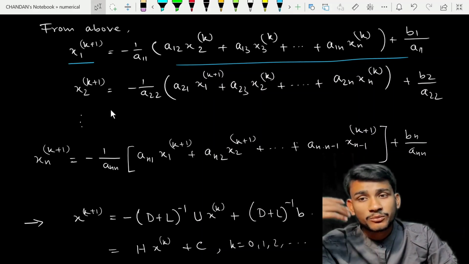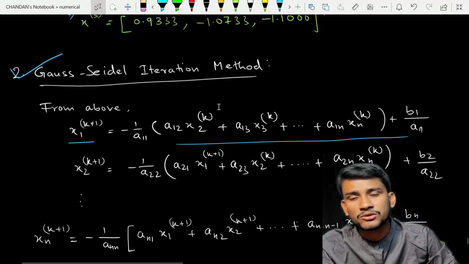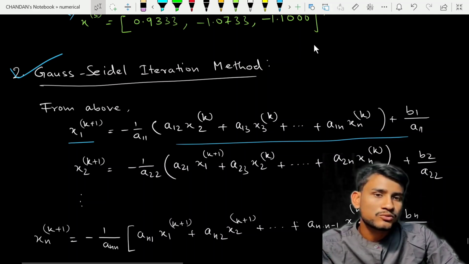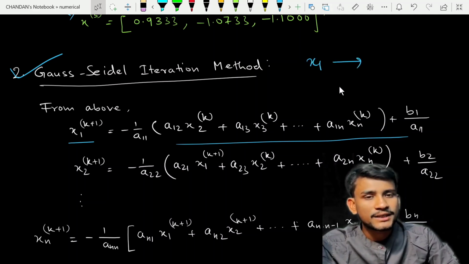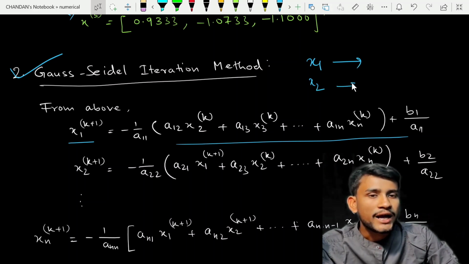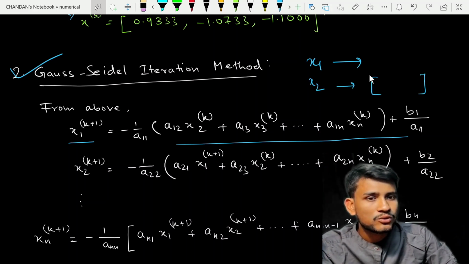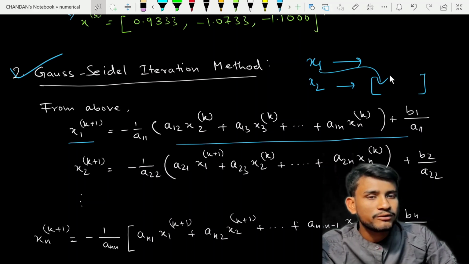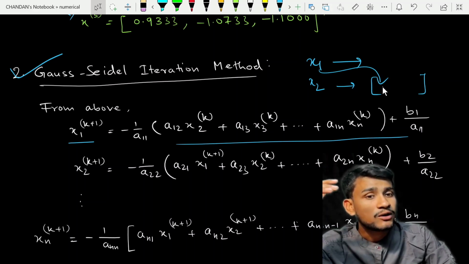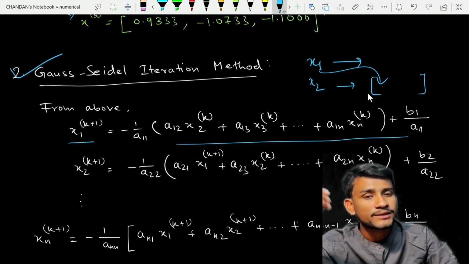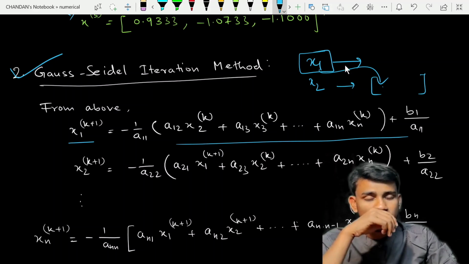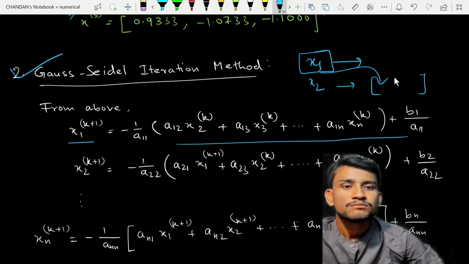But in the Gauss Seidel method, suppose we calculate x1 first using the iteration, then we find the value of x2, and in the terms of x2 the value of x1 is included. Here we use the xi's in the iteration which we just found.